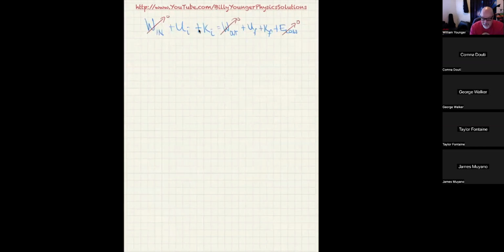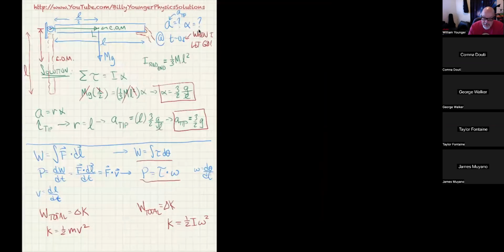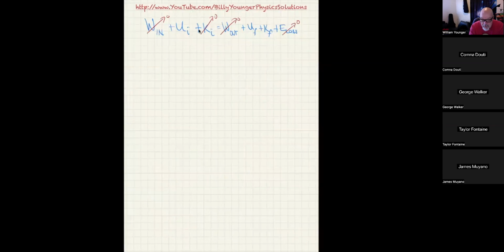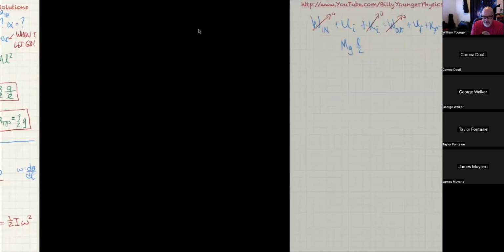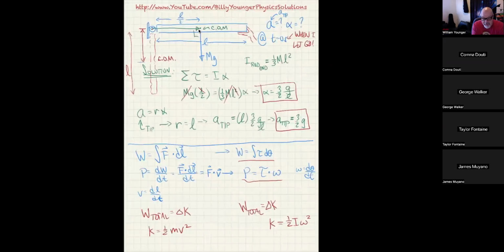So the reason why I'm asking that is initially it's sitting perfectly still. So this is 0, but the potential energy, in fact, is going to be M times G times L over 2. Because basically I can count this as U equals 0.